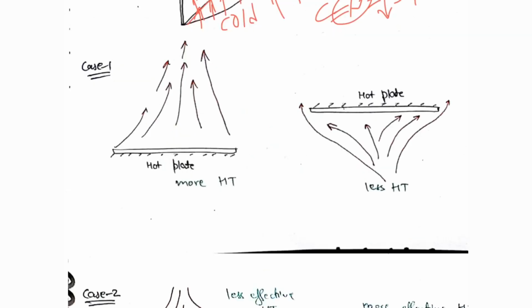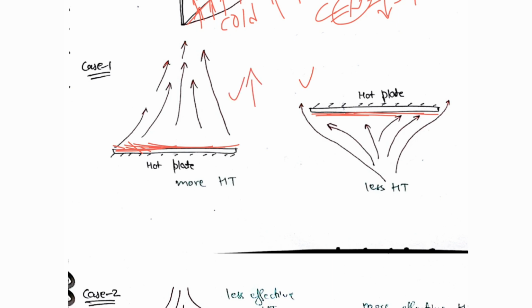To increase the heat transfer rate, the hot plate should be kept in such a manner that its upper side is hotter. If its bottom side is hotter, then also heat transfer will take place, but the heat transfer is less in this case compared to that of the other case.